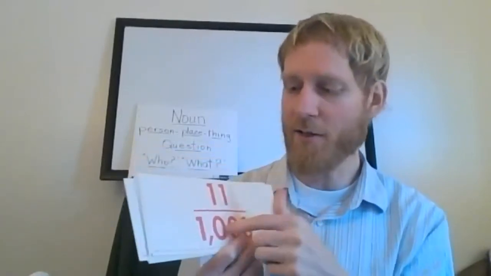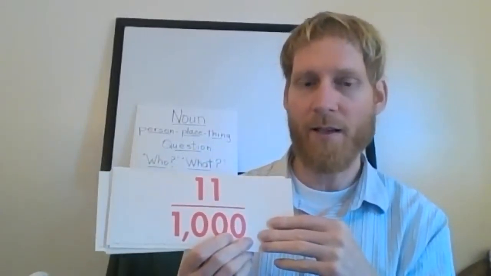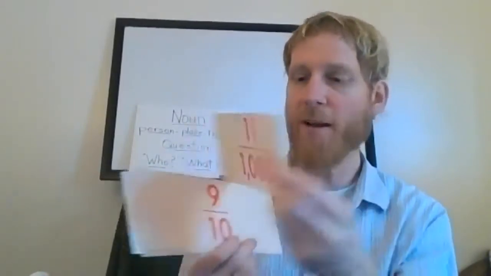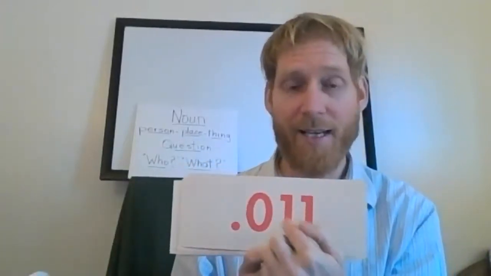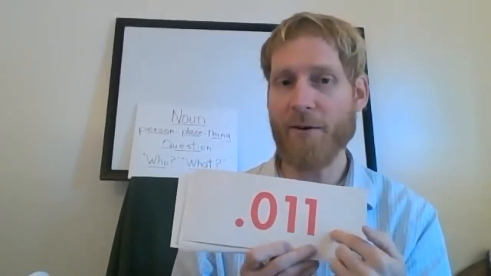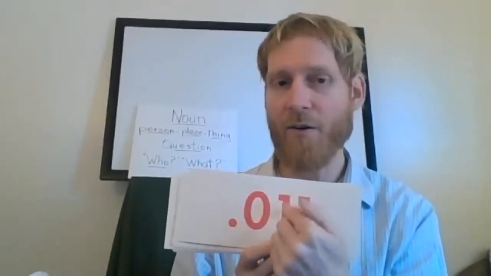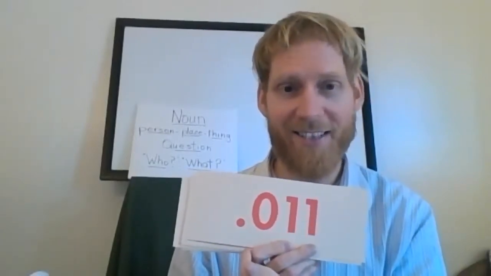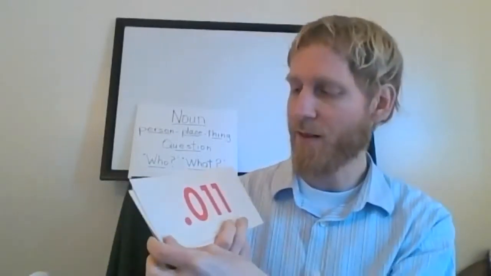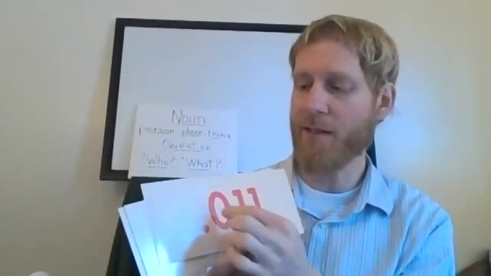Now, thousandths, you need 3 places. So you can't just put 0.11, can you? So what do you have to do? 0.011. You have to have a placeholder to get to thousandths. And you wouldn't put the 0 at the end, because then you'd be saying 110. It's 11 thousandths, so you have to put the 0 there.